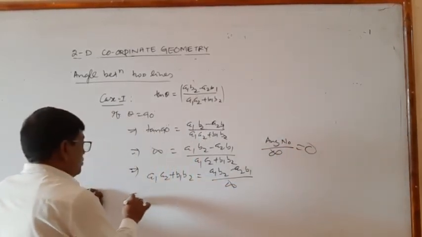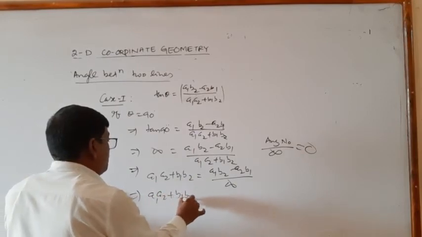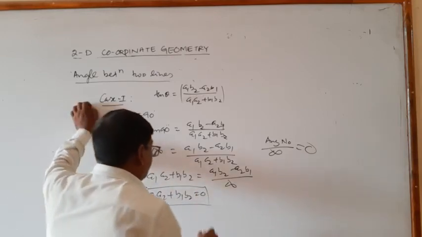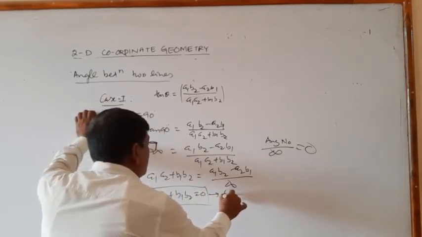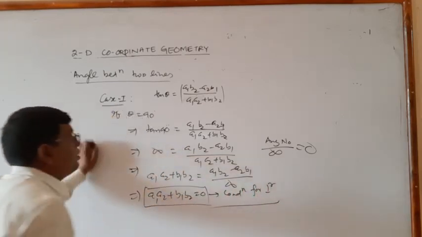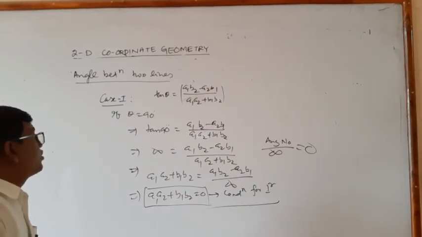So a1 a2 plus b1 b2 is equal to 0. This is the condition for perpendicular. Clear? Now the condition for parallel.